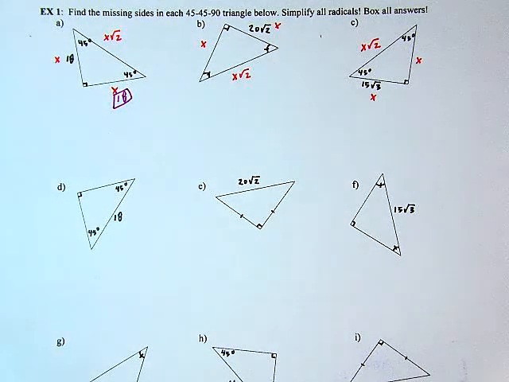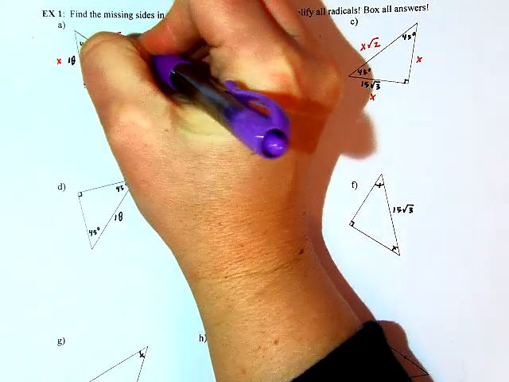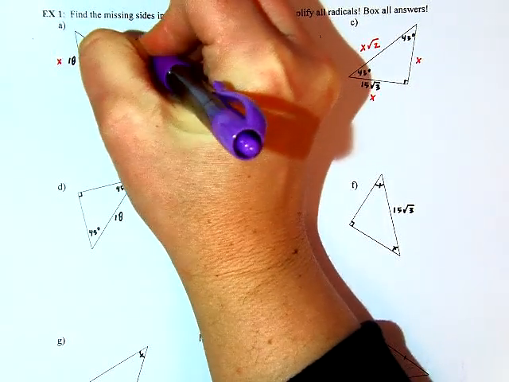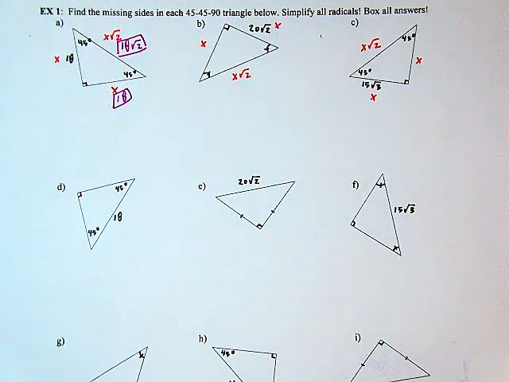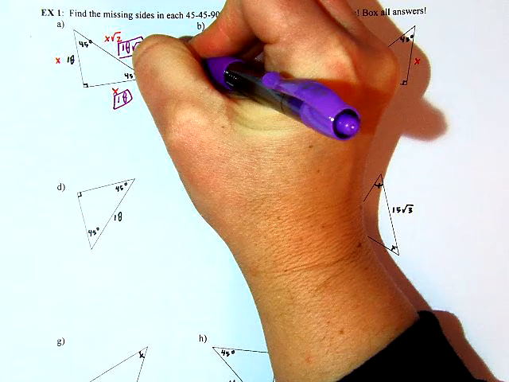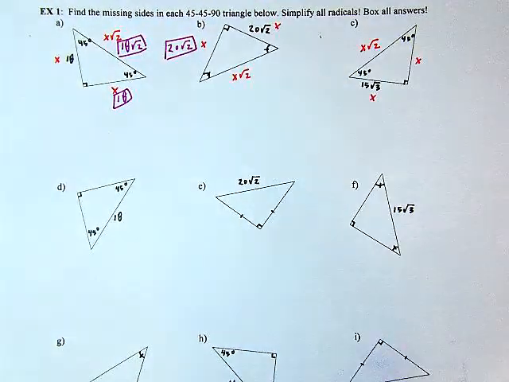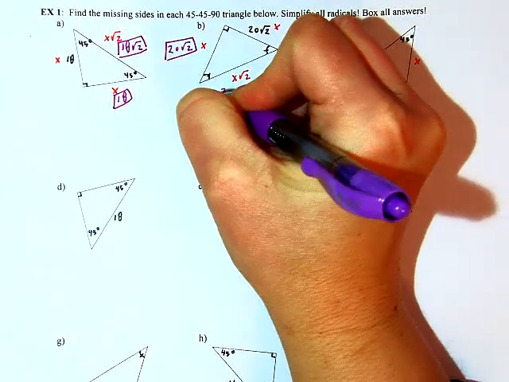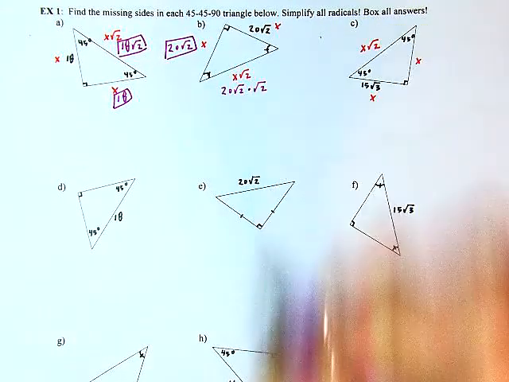And if I multiply 18 by the square root of 2, it just becomes 18 root 2. Okay, in the next one, I have a leg that is 20 root 2, so the other leg would be 20 root 2. And then I take that 20 root 2 and multiply by root 2.